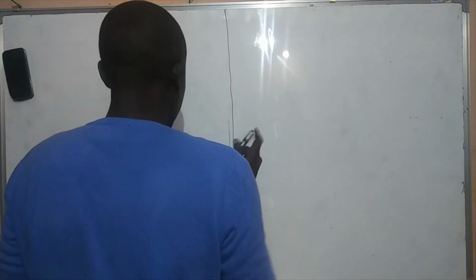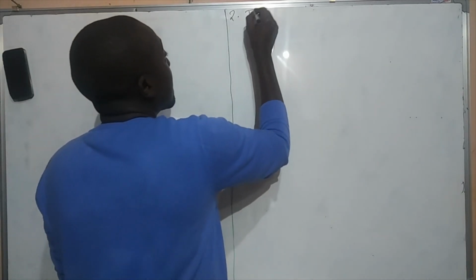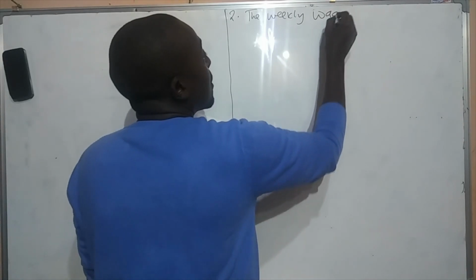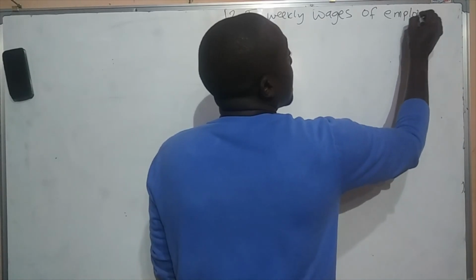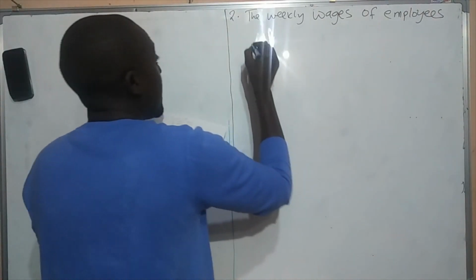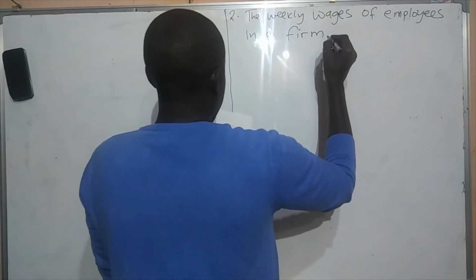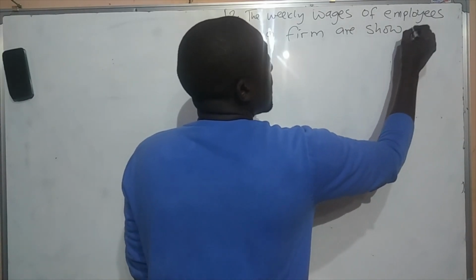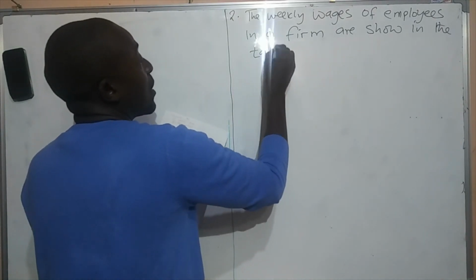Okay, so now our last question says number 2, the weekly wages of employees in a firm are shown in the table below.